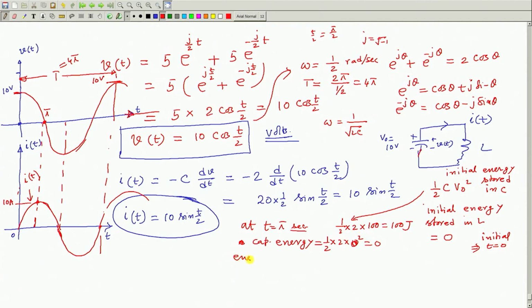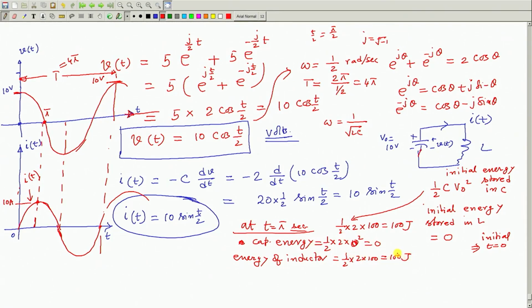Energy stored in the inductor at t equal to pi second will be half L into I square, I is 10 ampere, into 100, which is equal to 100 joule.